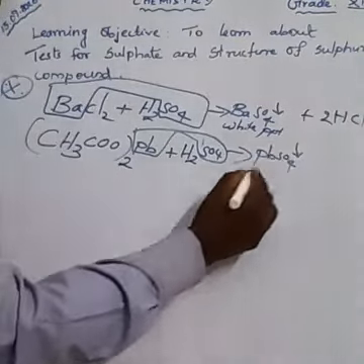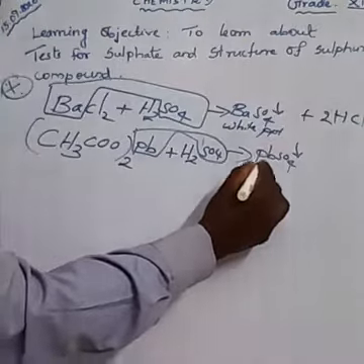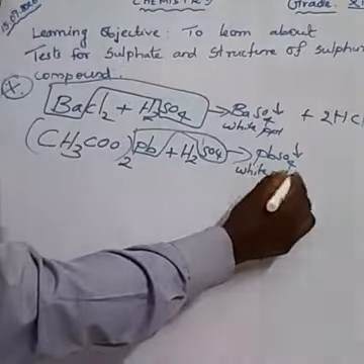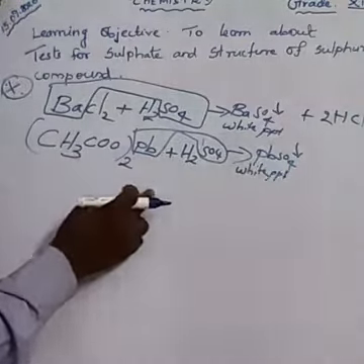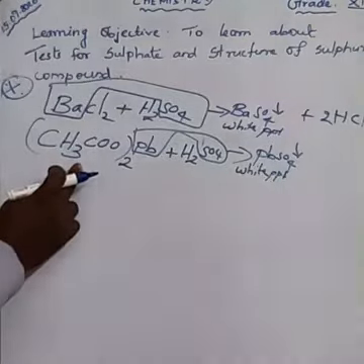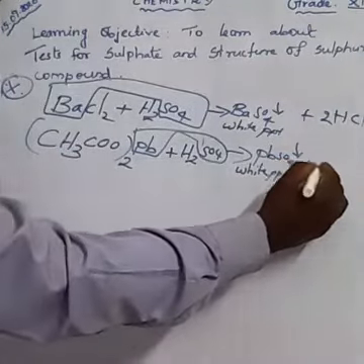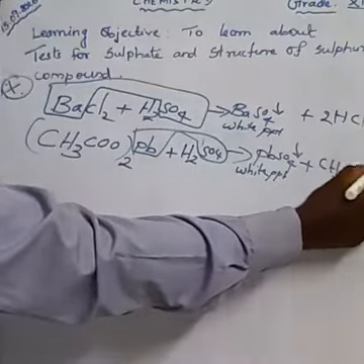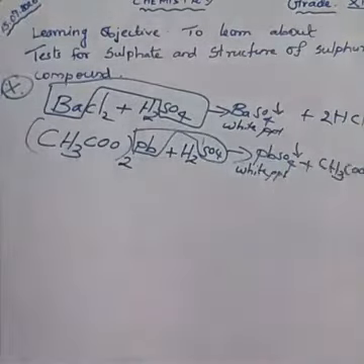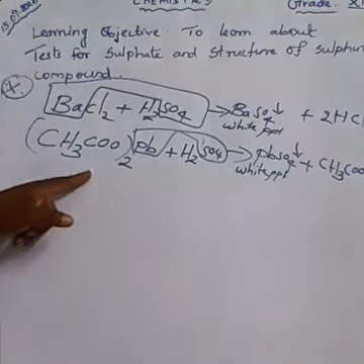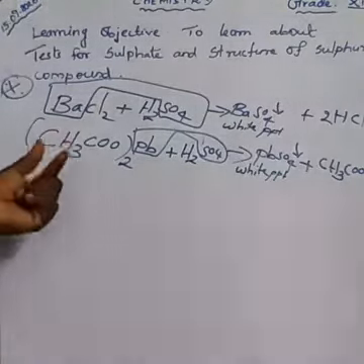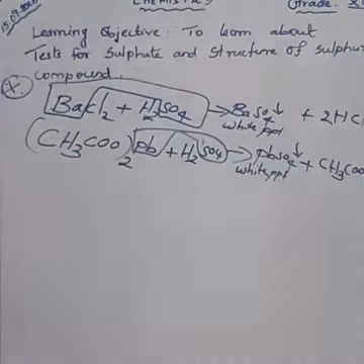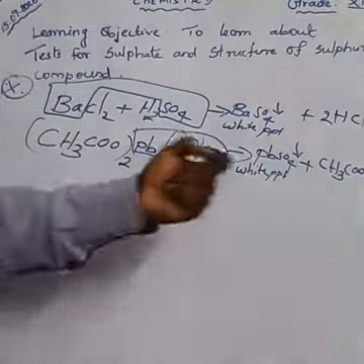PbSO4 is also a white precipitate. And also the hydrogen combines with the acetate ion to form acetic acid, that is CH3COOH. Clear? The H plus ions combine with the acetate to form acetic acid.